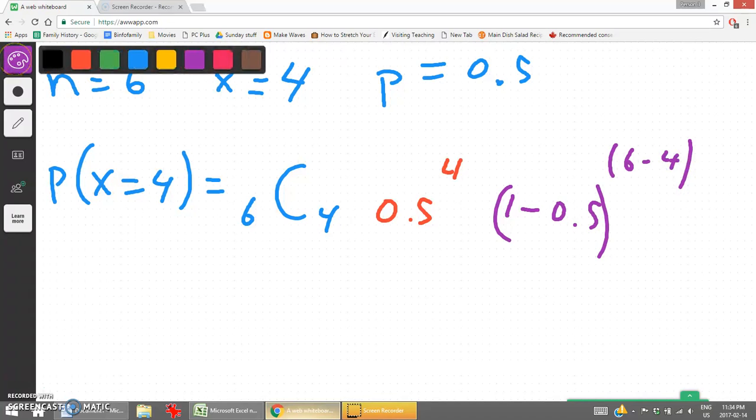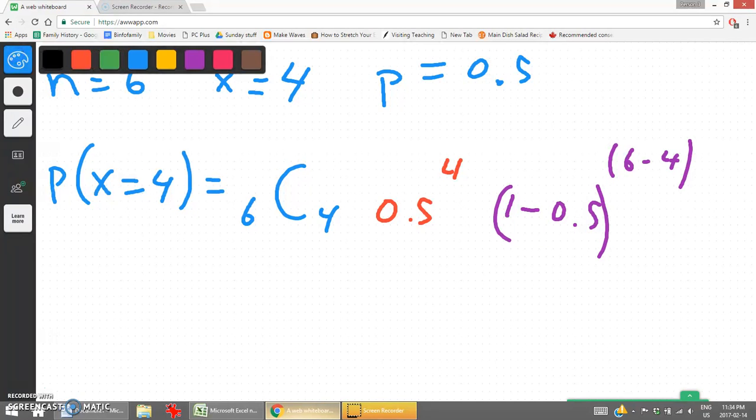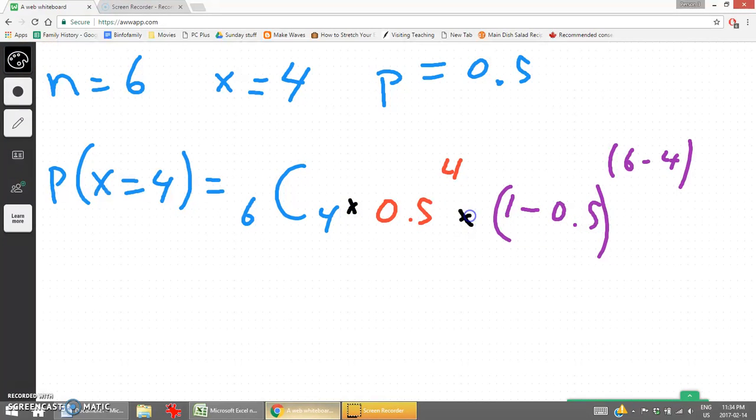I really think the best way to do a binomial is looking at it in 3 specific parts, understanding that we're going to be multiplying those 3 values.